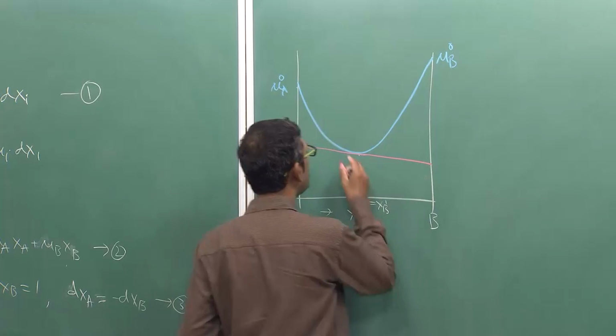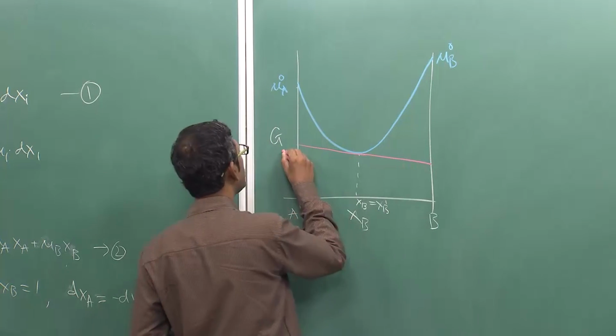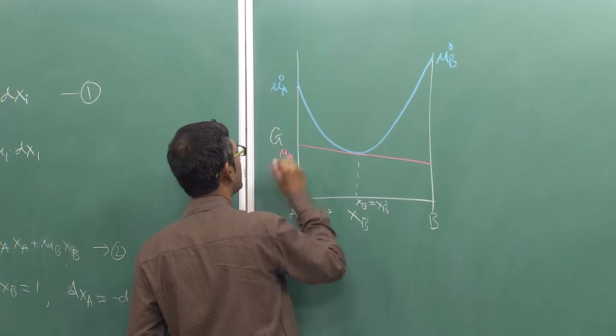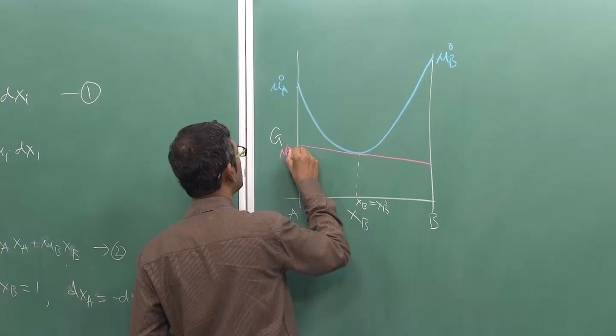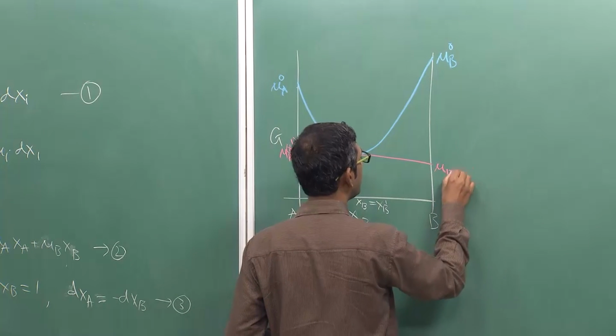The tangent will be extended toward the A end and the B end. If I extend it to the A end, I get mu A for xb1. Similarly, I get mu B for xb2.